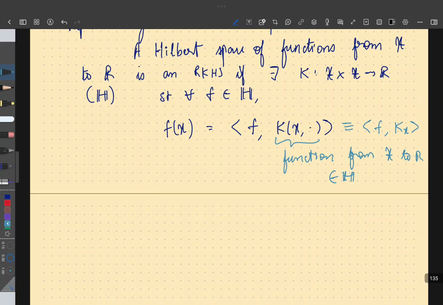In other words, for every x, there is some function k_x such that for all f in the Hilbert space, f of x can be obtained by taking the inner product between f and k_x. So this k is called the kernel of the RKHS.